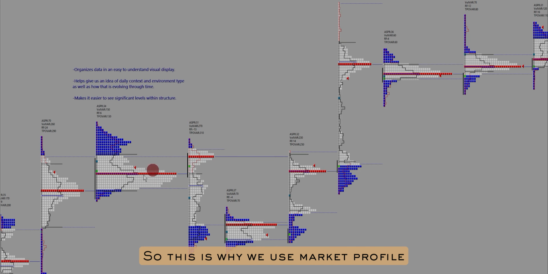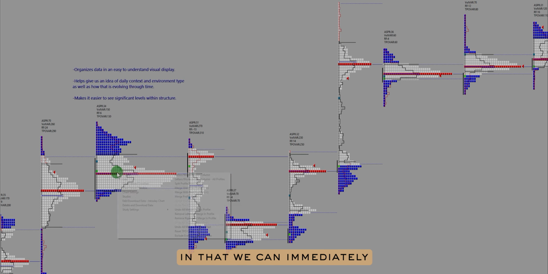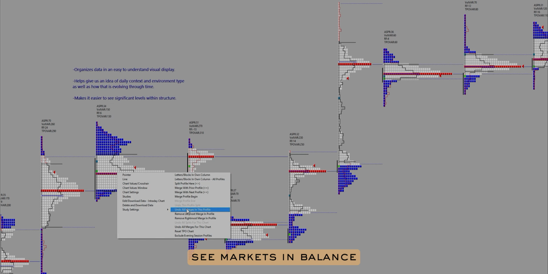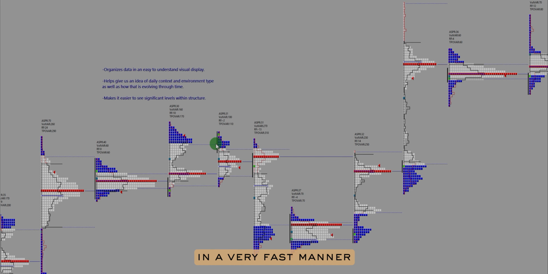So this is why we use market profile. It helps us organize data in a very easy to read manner, in that we can immediately see market's in balance, we're looking for a break from balance, market is trending, it's constantly reestablishing value. We're able to do all these things in a very fast manner. And this is how we're going to be sort of establishing the levels that we're going to be looking toward when we combine order flow and market profile.